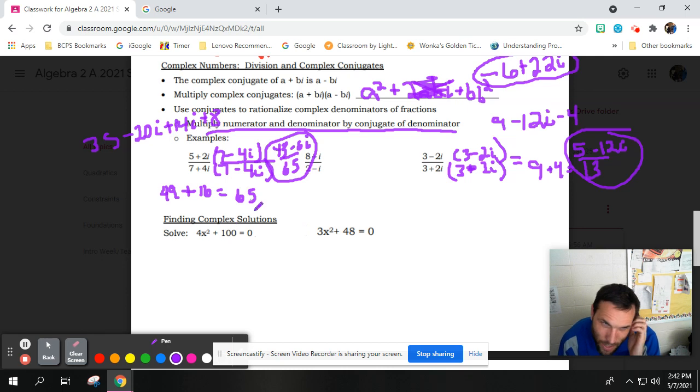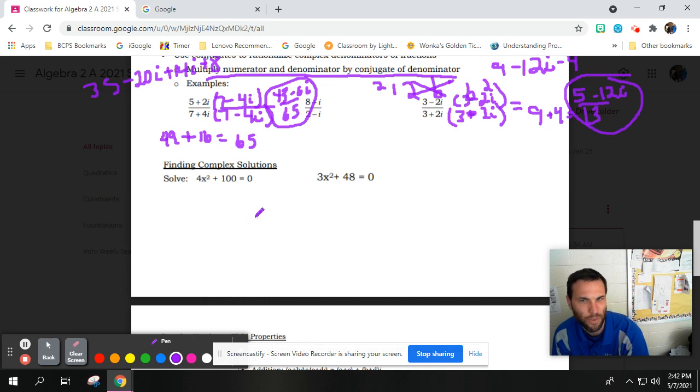Okay. Finding the complex solutions right here. You can do this a number of ways. You can factor, you can use the quadratic formula, you can GCF, or you can use the square root. I'm going to use the square root. So I'm going to subtract 100.